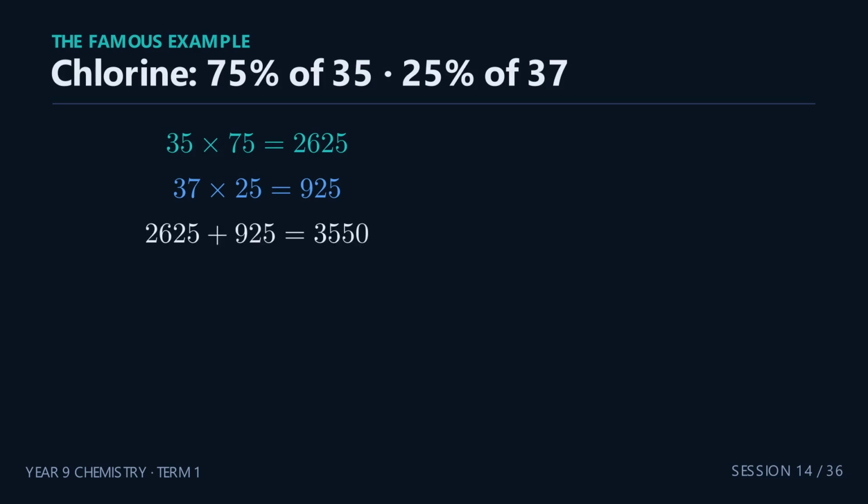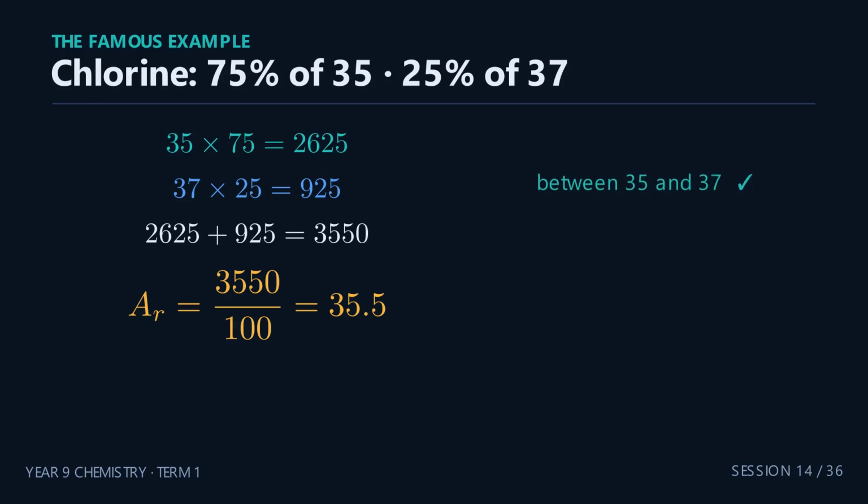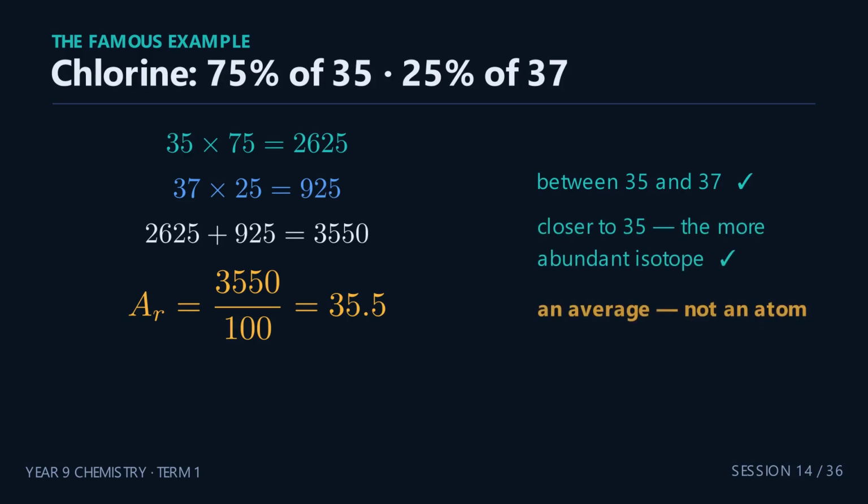Add them. 3,550. Divide by 100. 35.5. And notice, the answer sits between 35 and 37, closer to 35, because chlorine-35 is more abundant. The decimal is an average, not an atom.